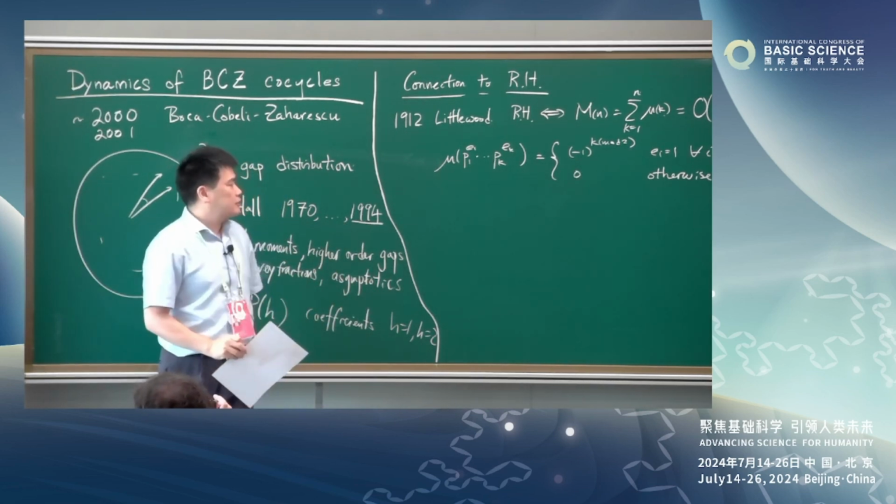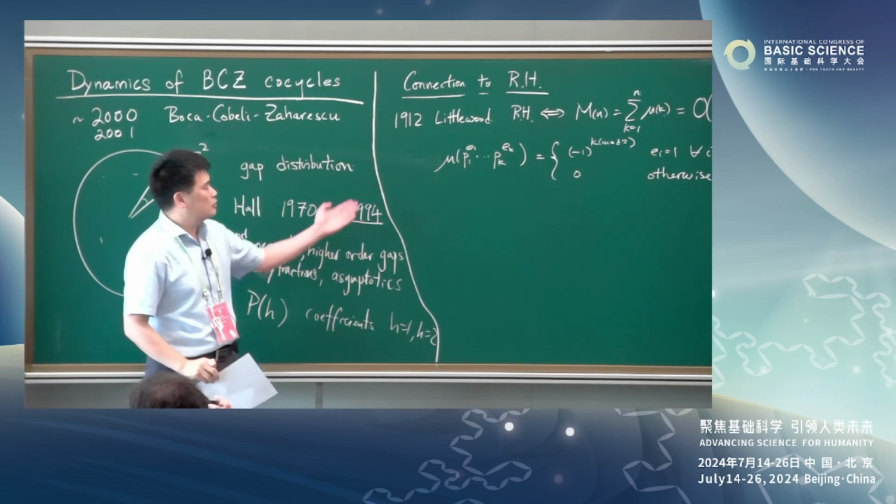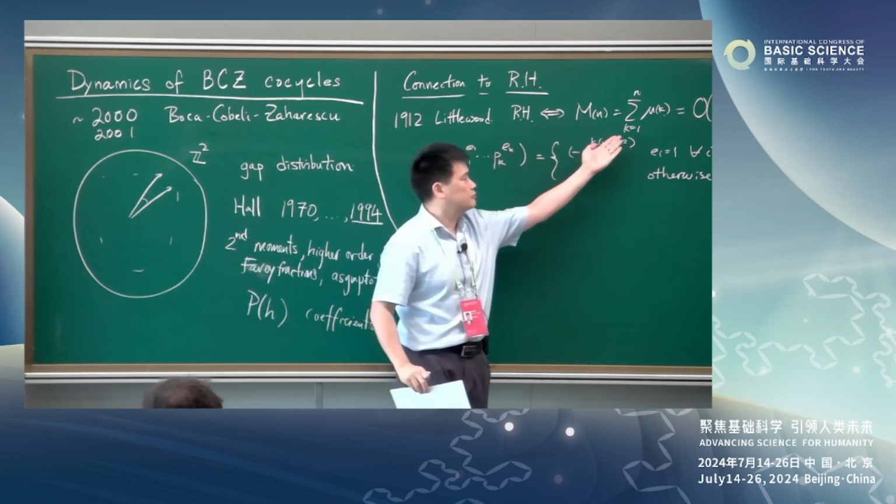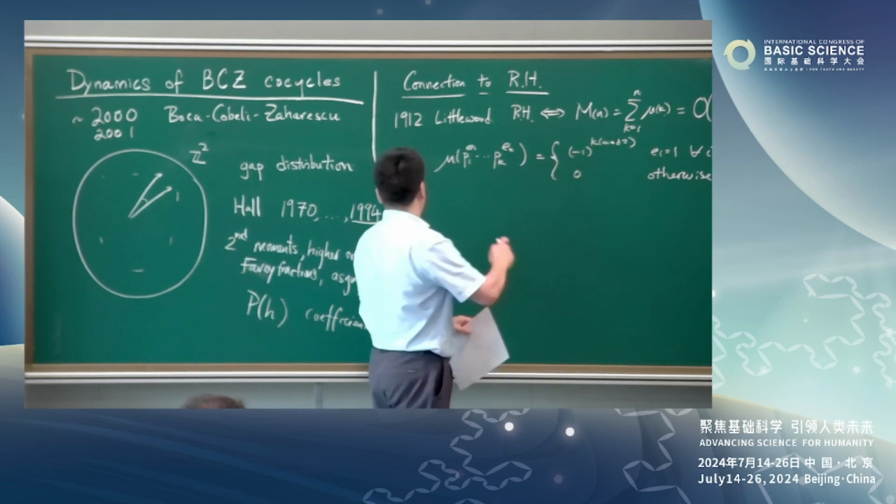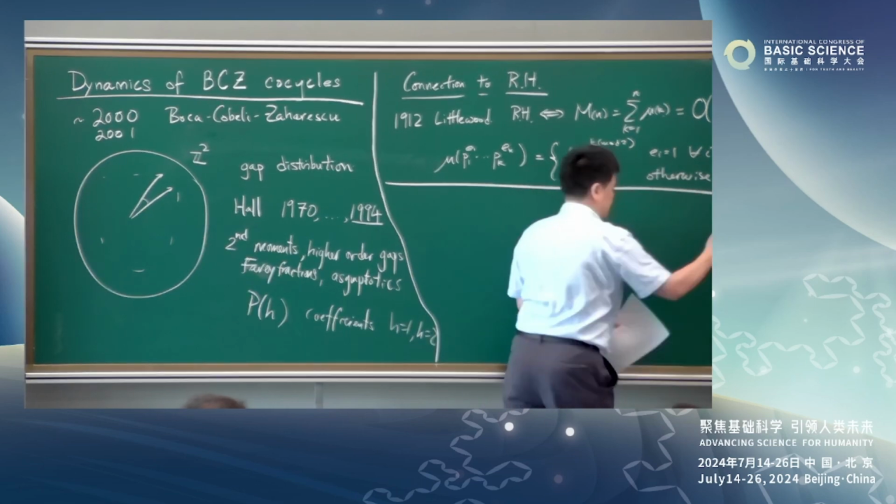So the Riemann hypothesis has a reformulation or complete characterization in terms of the Mobius function. This is quite well known.